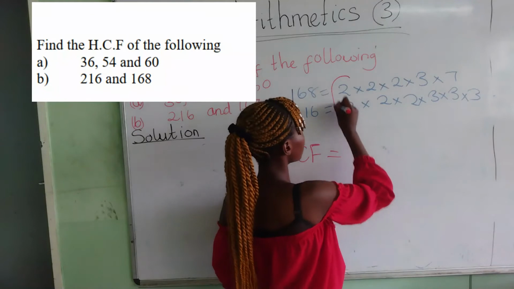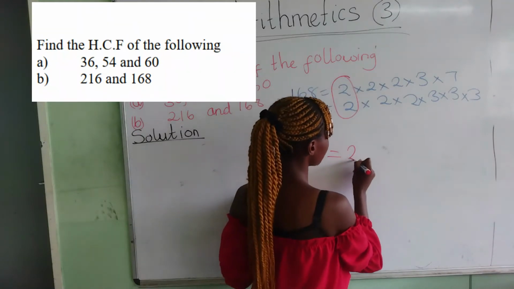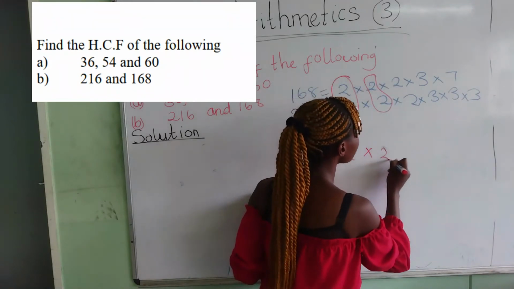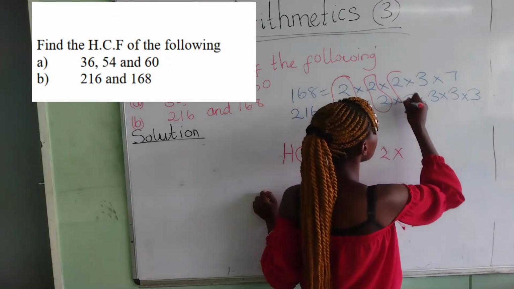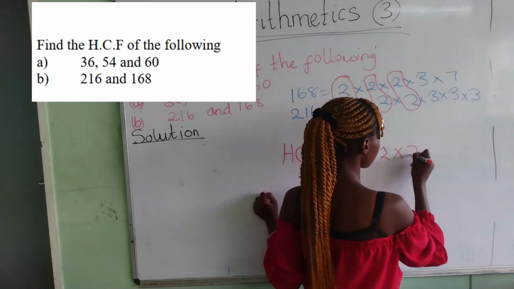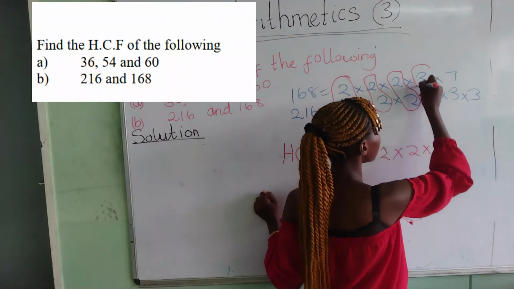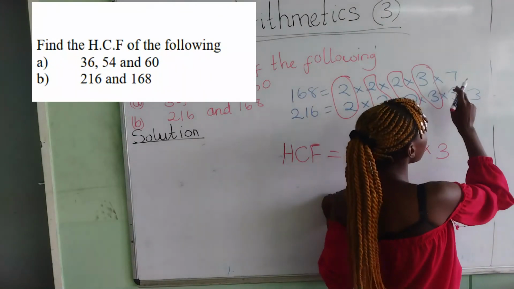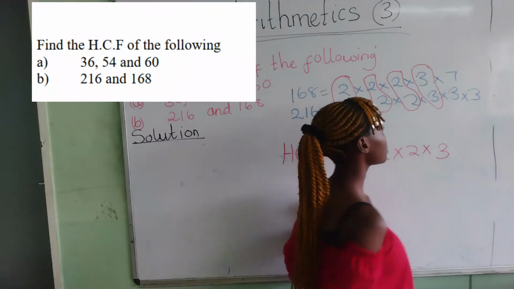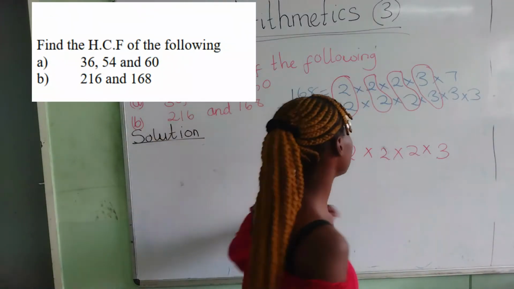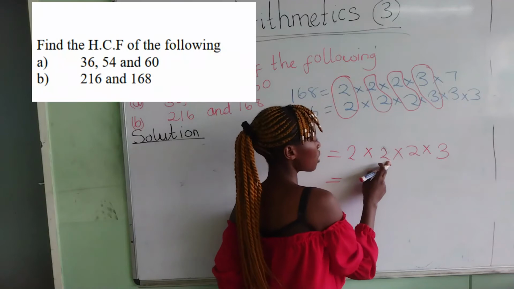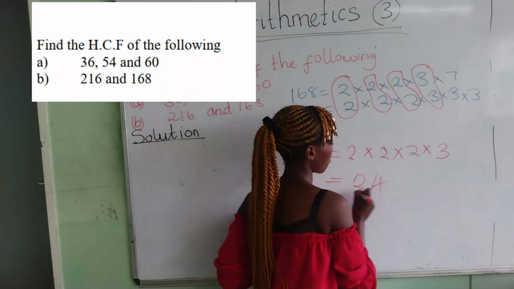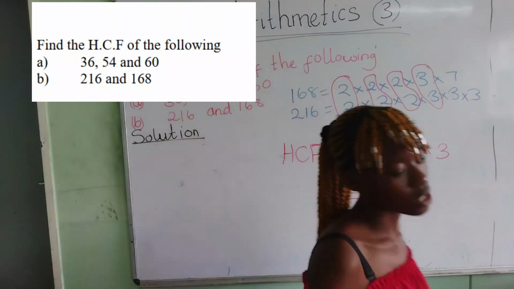So you take the first 2, times the second 2, times the 2 again, times the second 2, times 2, times the second 3. They have to be common. But the third part is 7 and 3, so it can't be included. So these are our values in our answer: 2 by 2 is 4, 4 by 2 is 8, 8 by 3 is 24. So this is the answer.